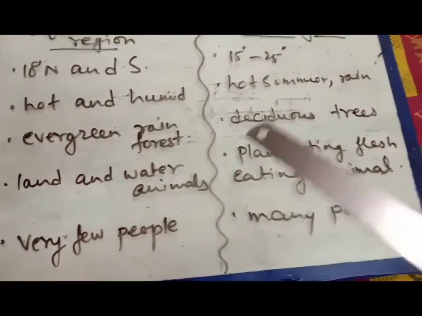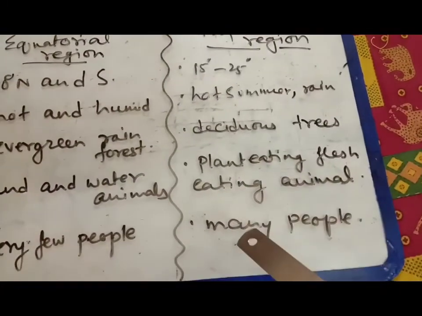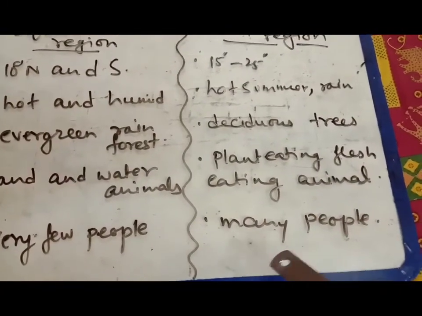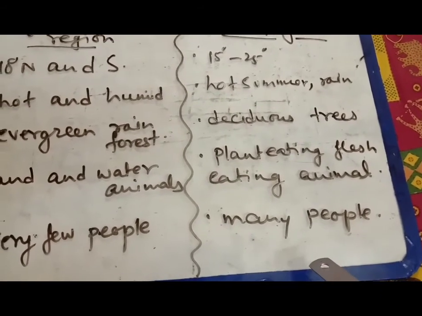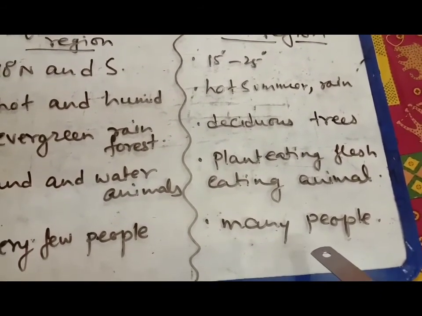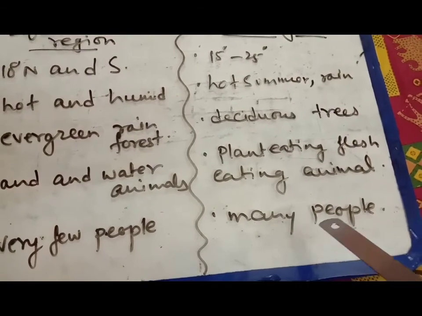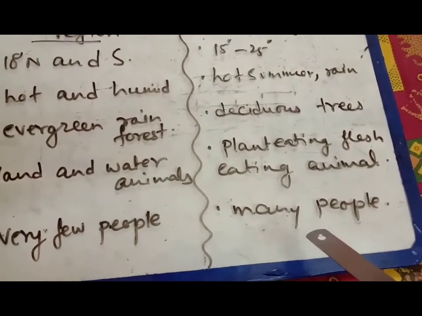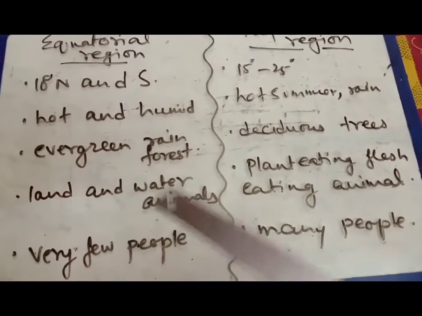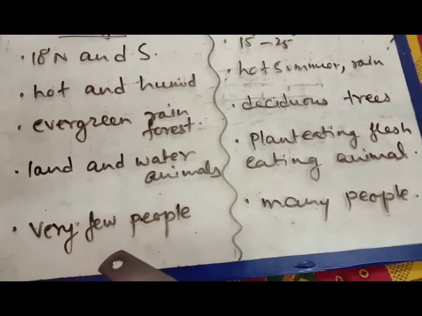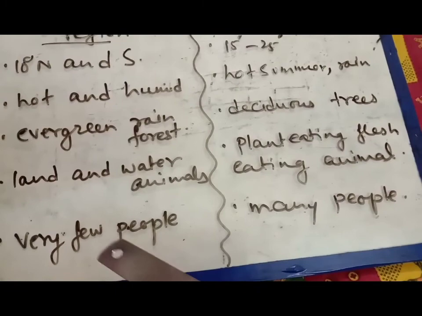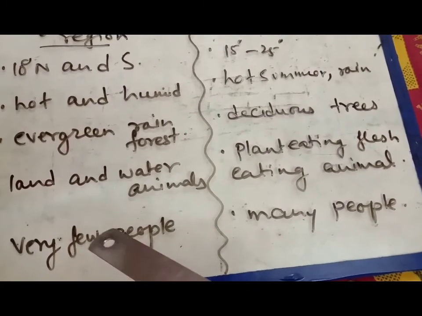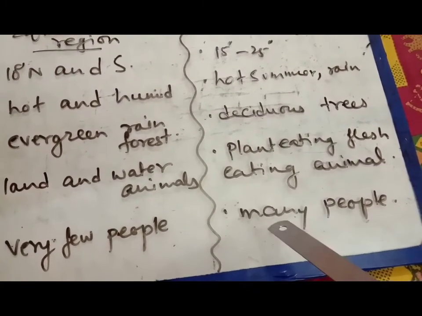But in the tropical region many people live, basically farmers and people who are working in cities and towns. Here we get only a few people, basically tribal people, but in the tropical region we get many people.